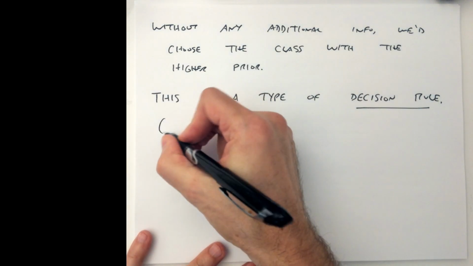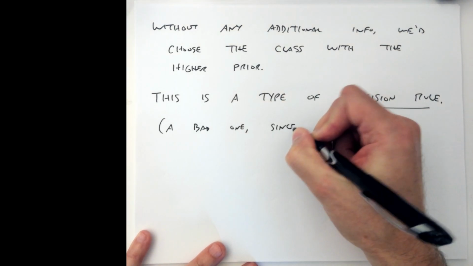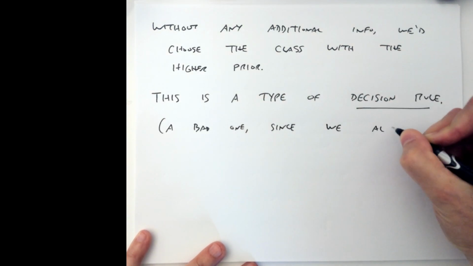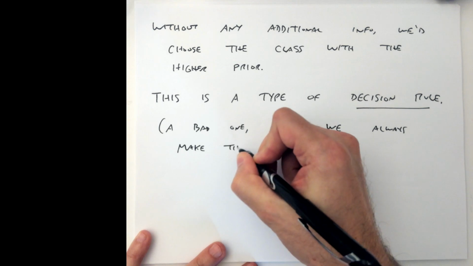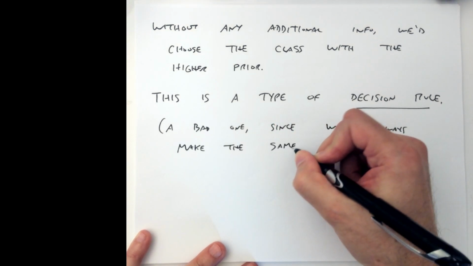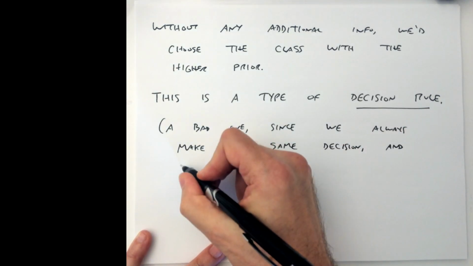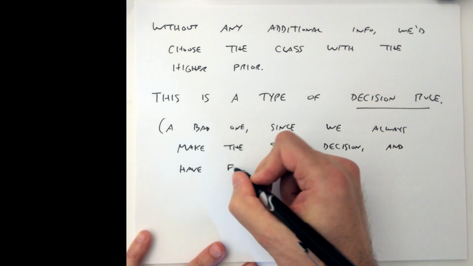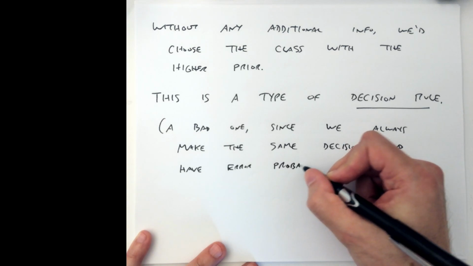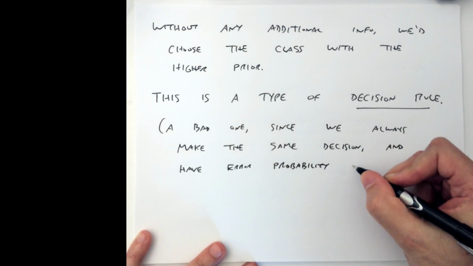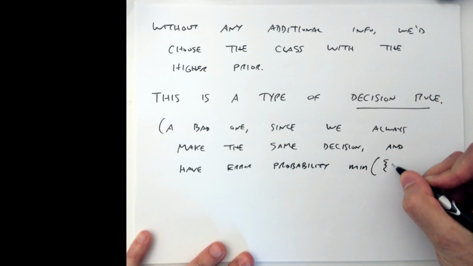This is a bad one, since we always make the same decision and have an error rate, or error probability, of whatever the minimum of these two numbers is.